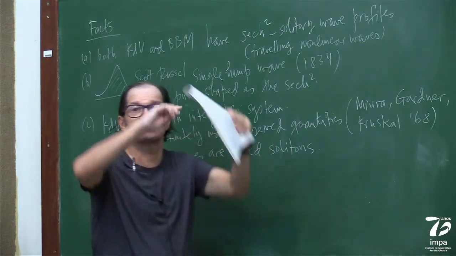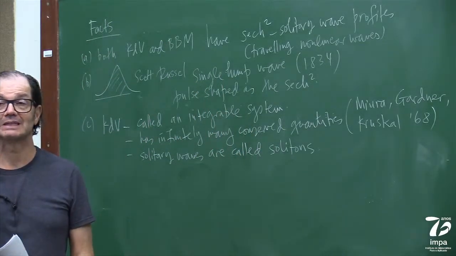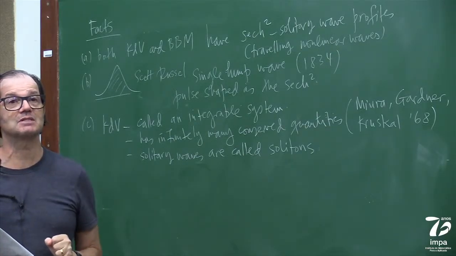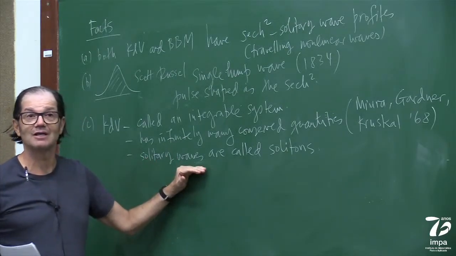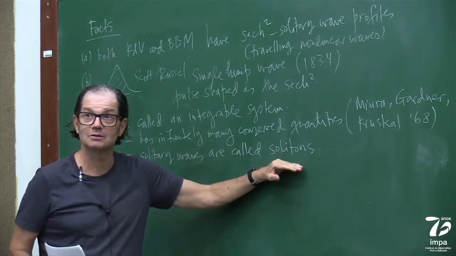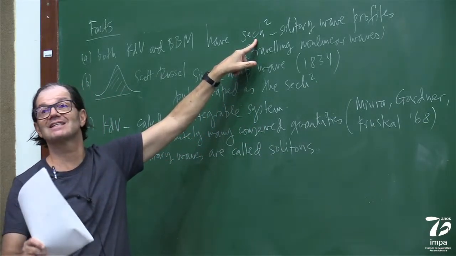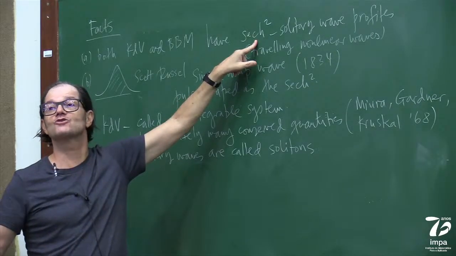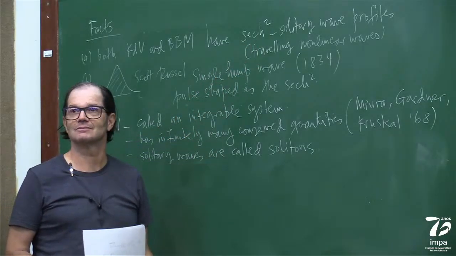So many people just see a single humped wave and say, oh, this is a soliton. But actually, the origin of the name has a very specific meaning. Not every solitary wave is a soliton. The secant squared solution of the KdV is a soliton. The secant squared solution of the BBM is not a soliton.